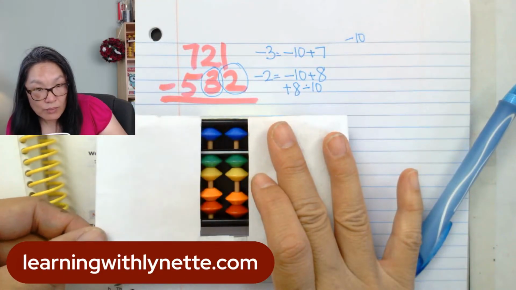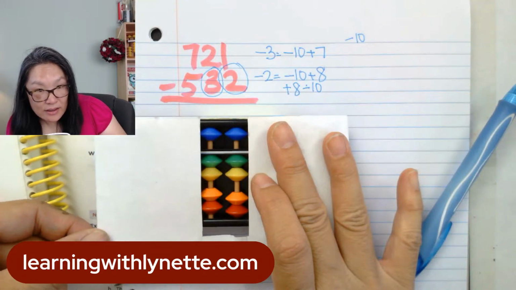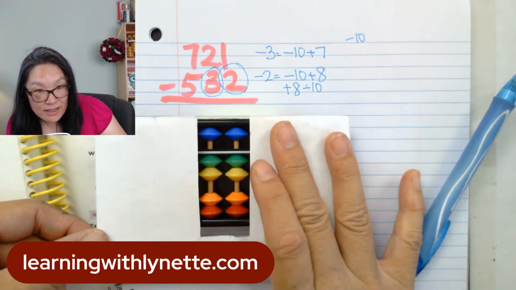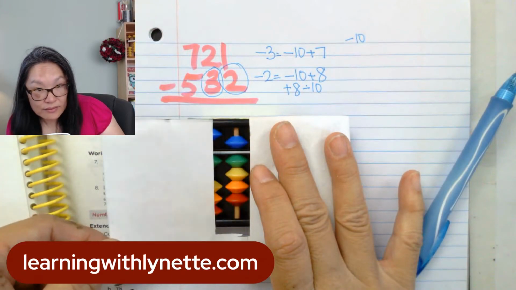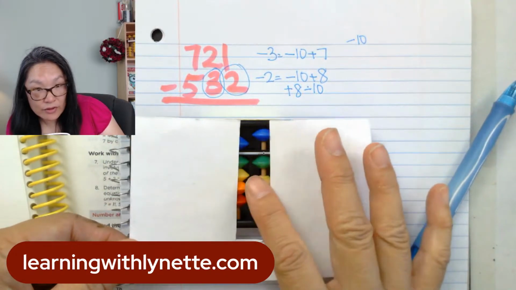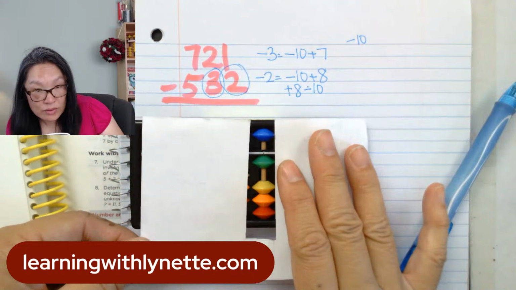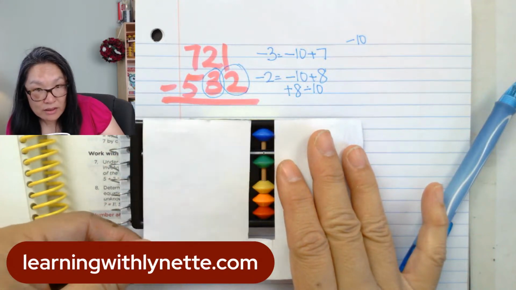So can I take away the 3? No. Minus the 10 plus the 7. And then what? We have to minus the 2. I'm sorry.